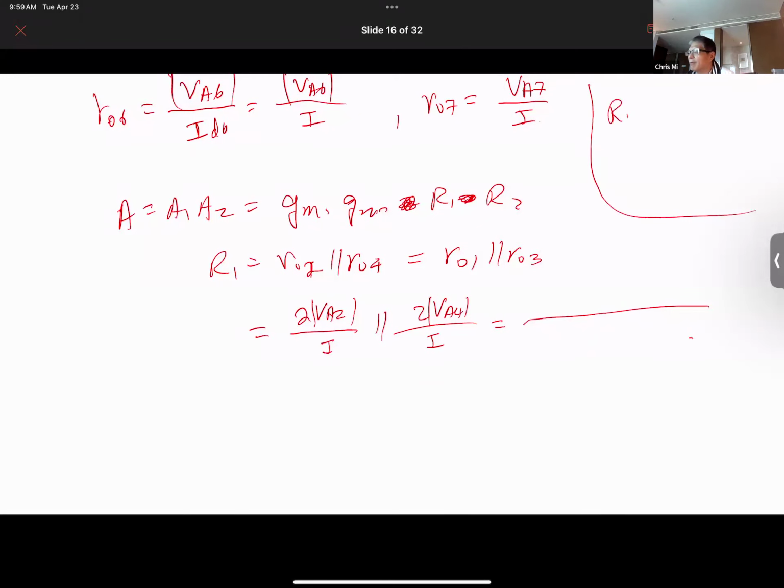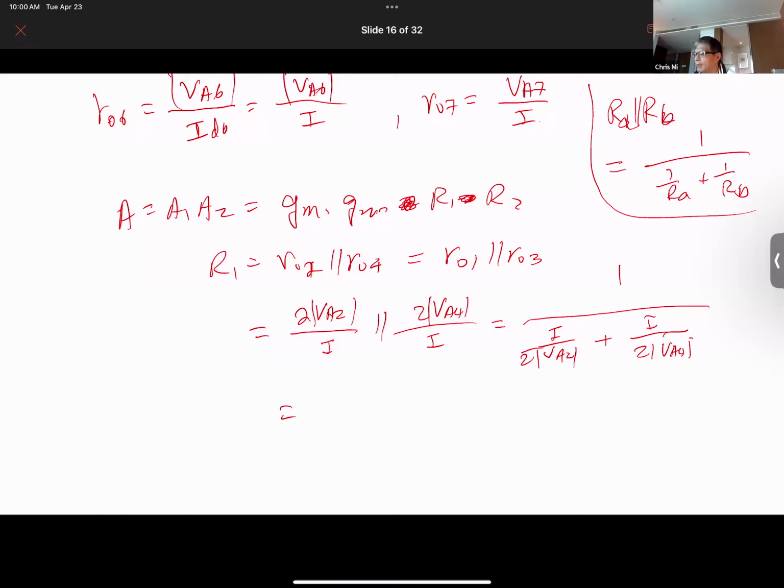When you have RA and RB in parallel, this is equal to 1 over 1 over RA plus 1 over RB. So here we have to write I over VA2 plus I over 2 times VA4, and take 1 over that. I have to write it that way.